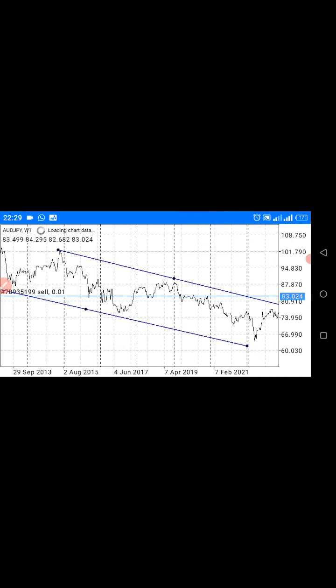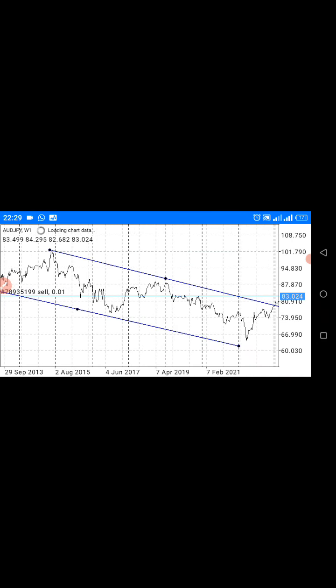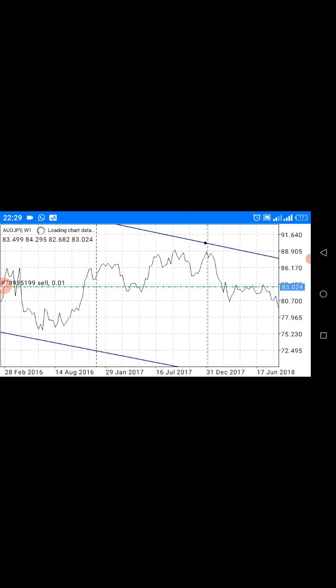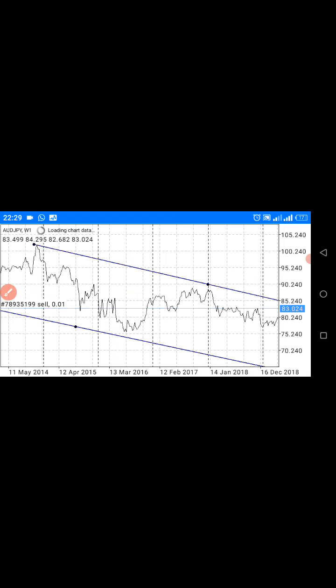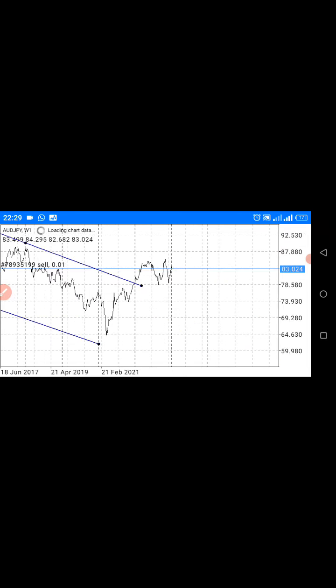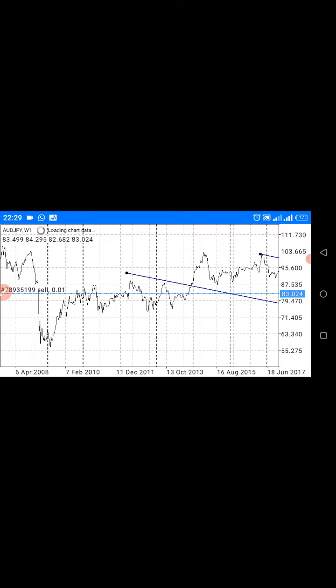I'm sorry guys. Okay, there is also here the down movements. We have some here, first, second. Even this is a triple touch. This is a triple touch. You can see it.